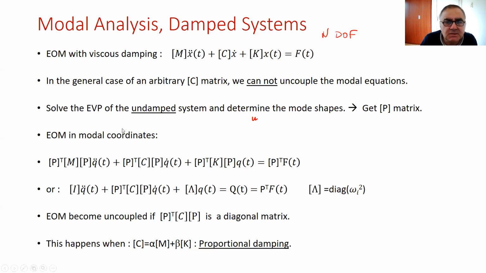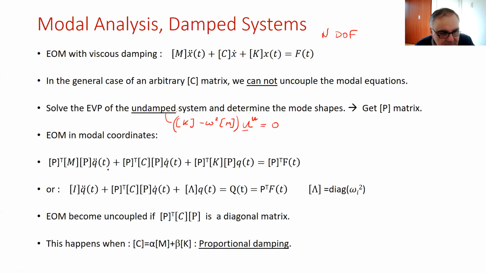First of all, we start the analysis by solving the eigenvalue problem of the undamped system. That is, we assume that the C matrix doesn't exist at all. You just cross it out, and you solve the undamped eigenvalue problem of the undamped system, which is (K minus omega squared M) u equals 0.